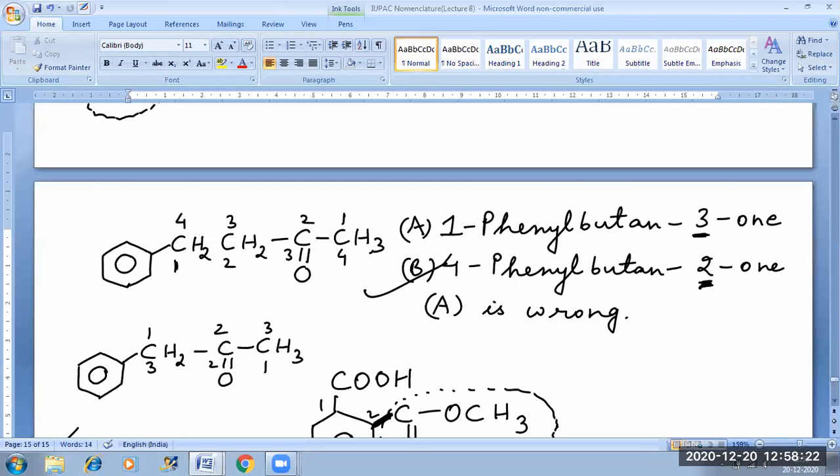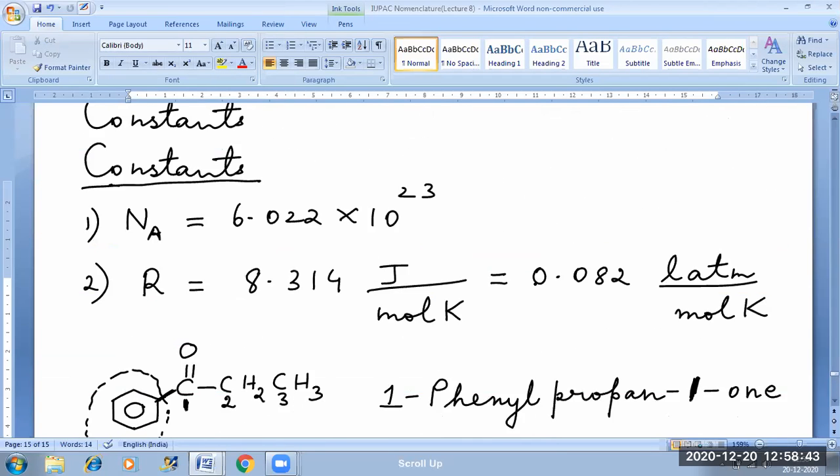Is this clear? A is wrong here, B is correct. Okay.